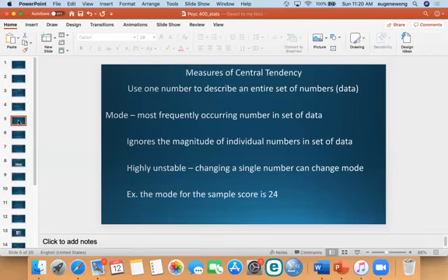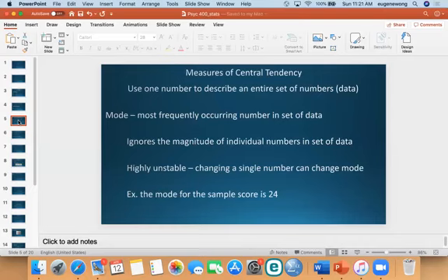Well, if that's what we want to do, then what we're dealing with is this thing called measures of central tendency, of which there are multiple types, and we'll talk about them. Measures of central tendency is a kind of statistic where we try to use one number to describe an entire set of numbers. For the most part, we can do that.